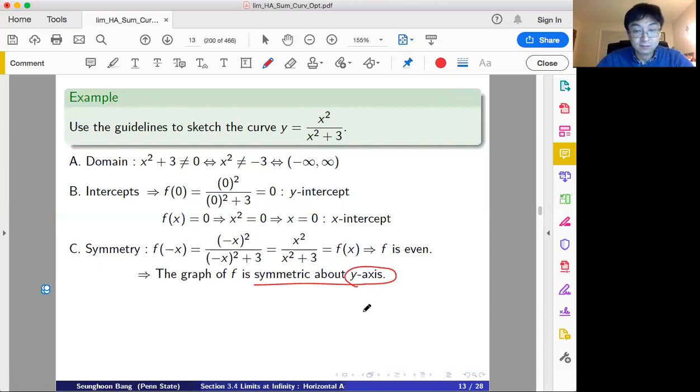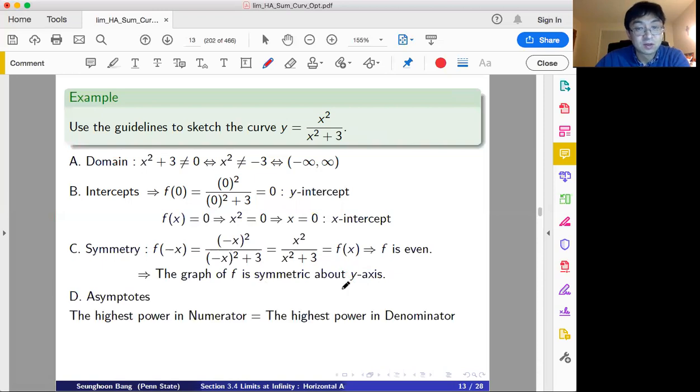The next one, you can check asymptotes. How can you find asymptotes? Here, the top power is 2 and the bottom power is 2. We have the same power. What does it mean? We have a horizontal asymptote.